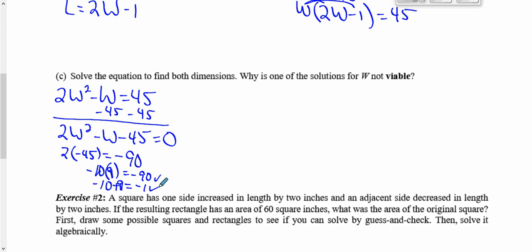So that works. Amy, remember what I do with these two numbers for that middle term? Negative 10 times 9, negative 10 plus 9. What do I do with the negative 10 and 9?